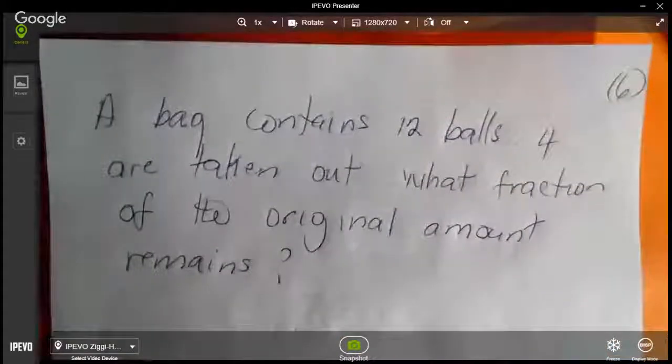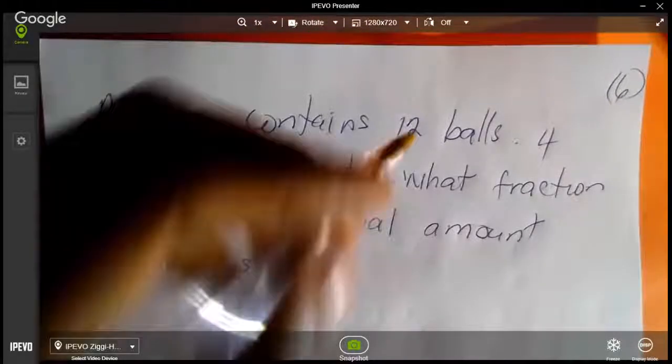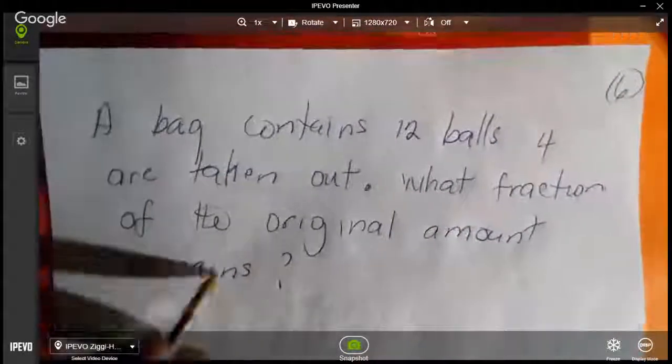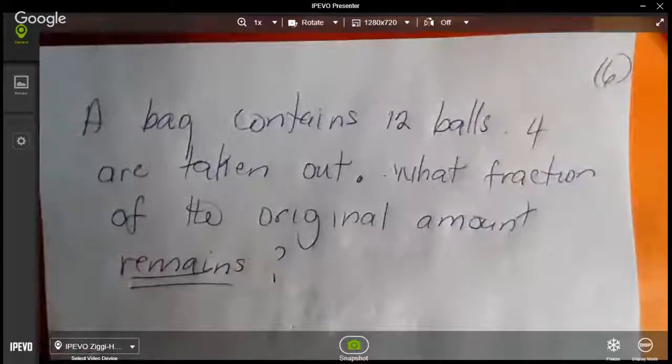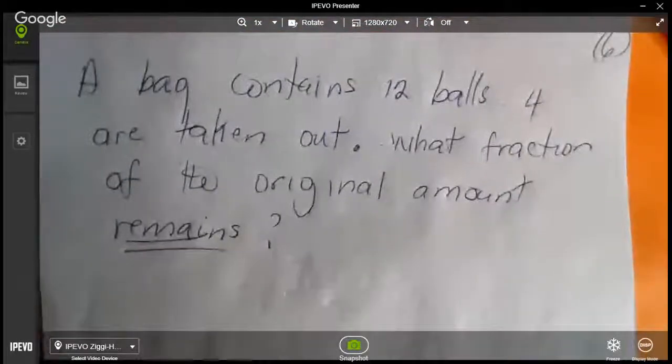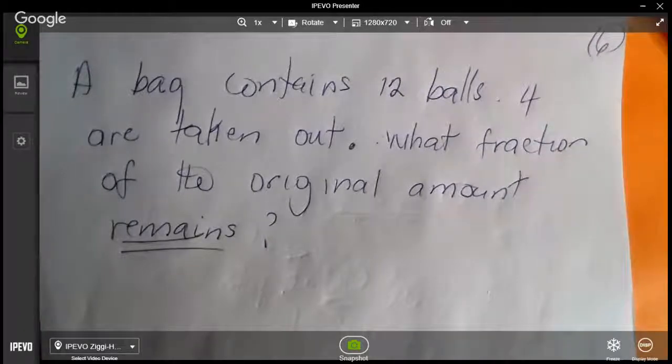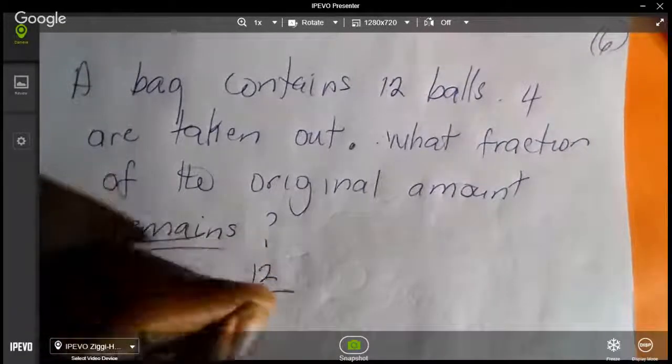Last question. A bag contains 12 balls. 4 are taken out. What fraction of the original amount remains? What is the whole? What fraction represents the whole? 12 out of 12.